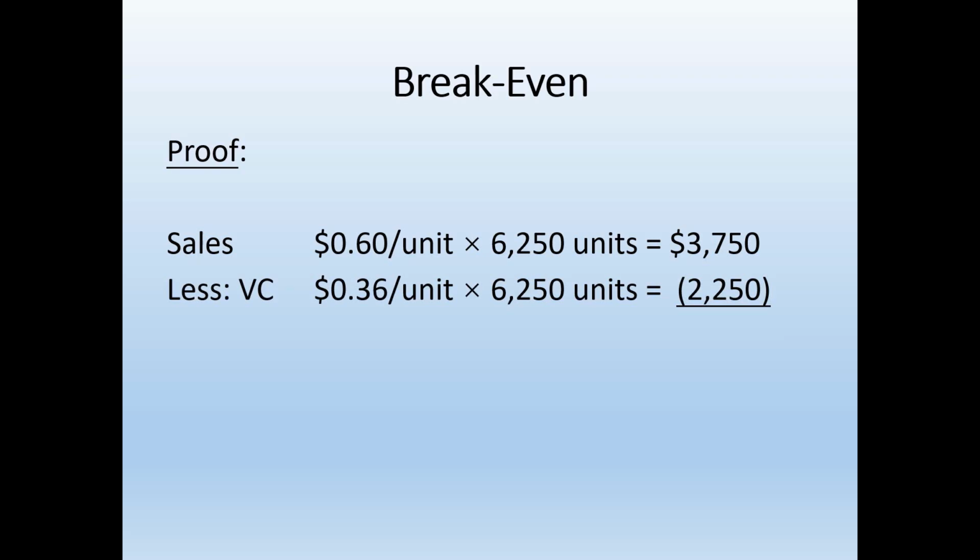Total variable cost will be the 36-cent variable cost per unit times 6,250 units. The difference gives us our total contribution margin.